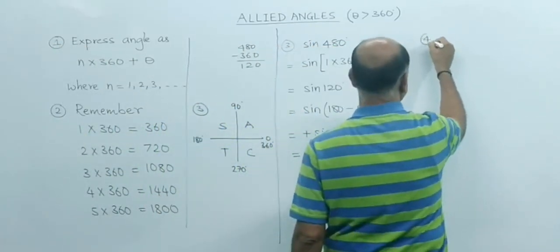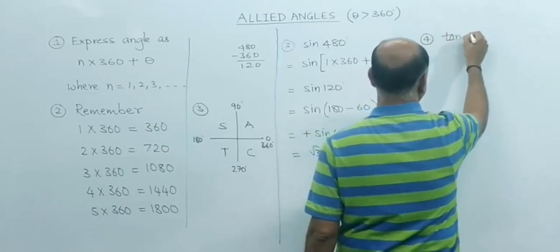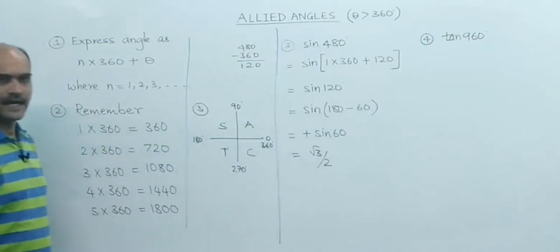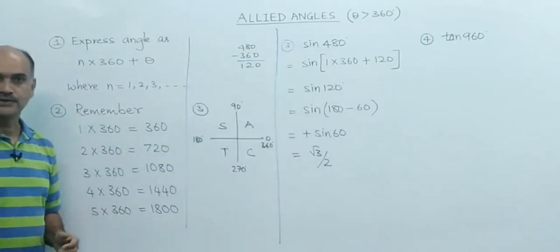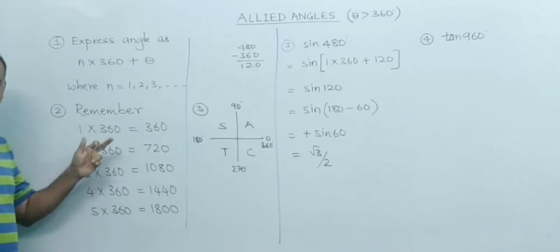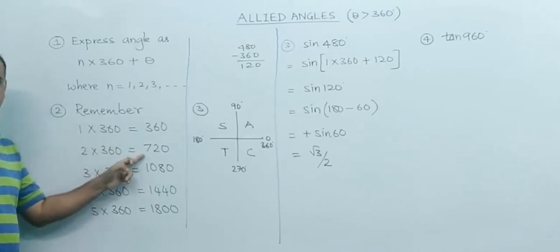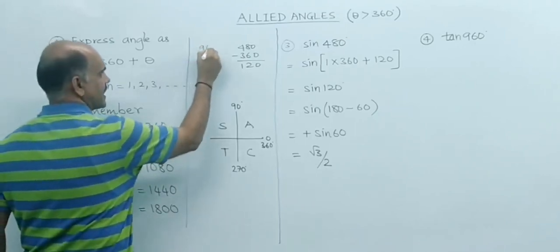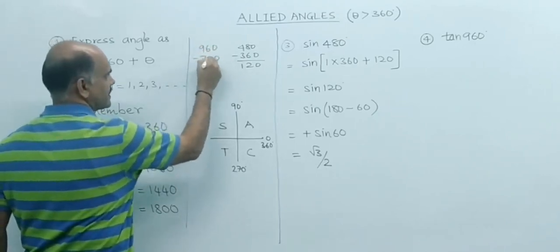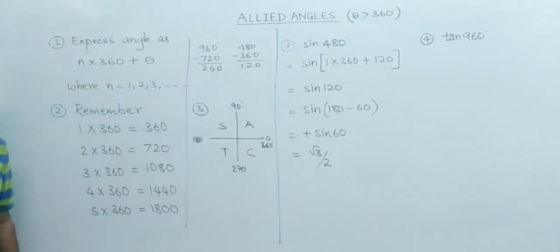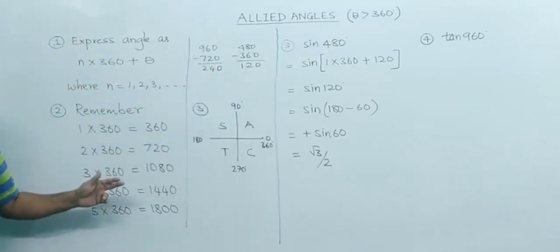Similarly, we will go for the next one. Fourth, tan 960. Now can you tell me, 960 is greater than, very good, 720. How much is it greater? You can subtract 960 minus 720, so it is greater by 240.